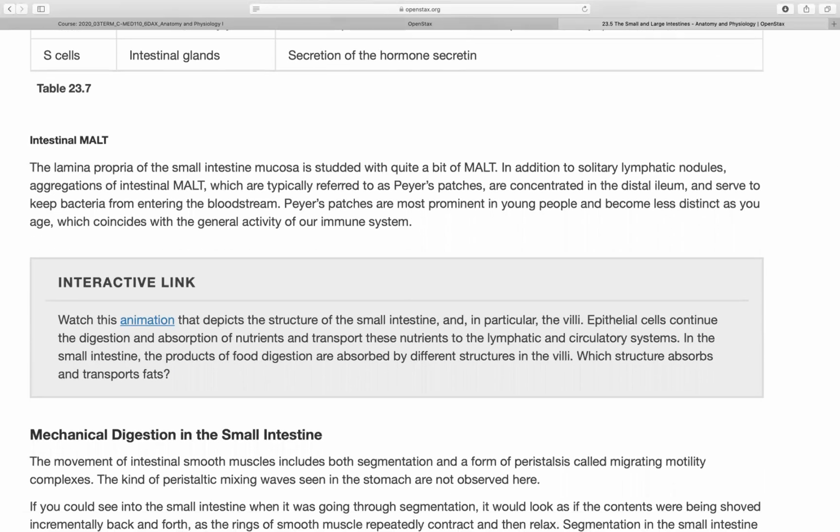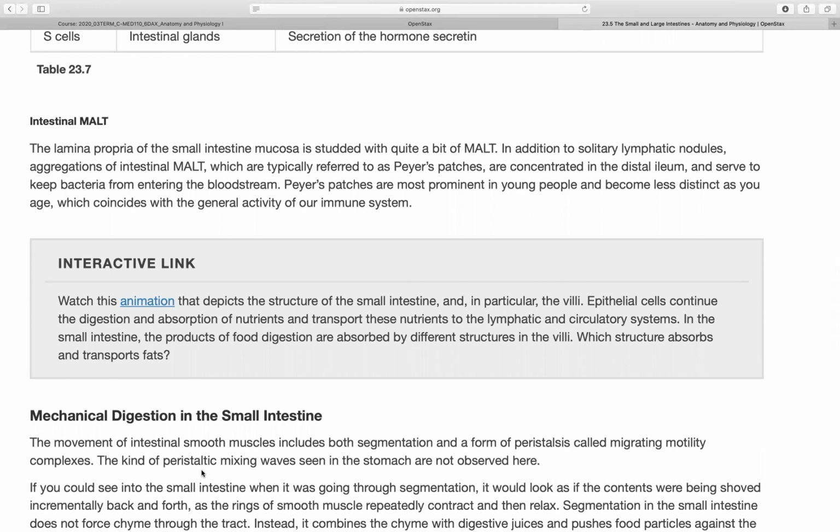There's also other immune system nodules all along your small intestine, and it's called MALT, right? And they're also known as Peyer's patches. And again, there has to be a lot of immune system down there because remember how dirty food is.